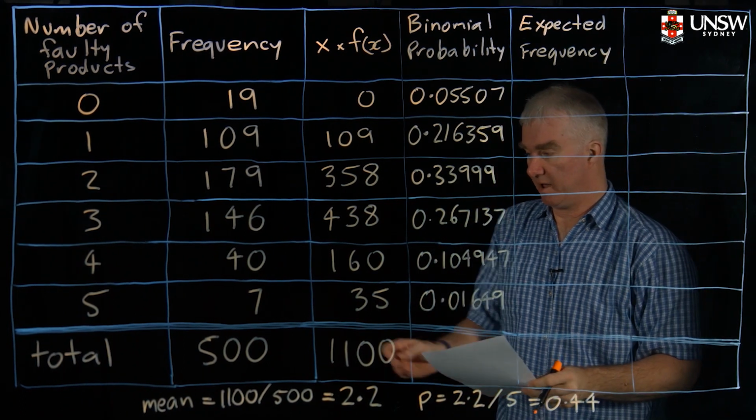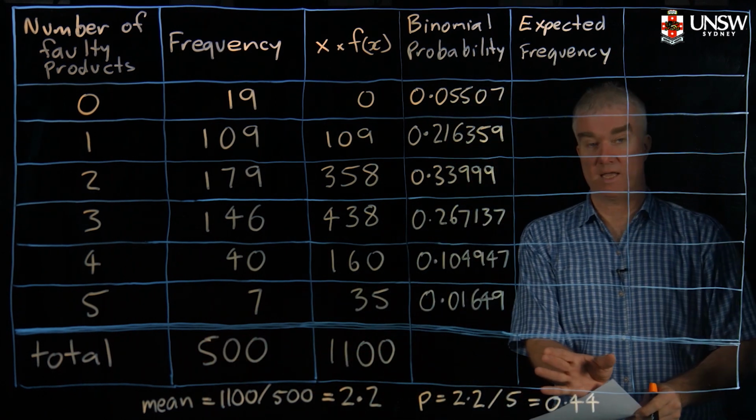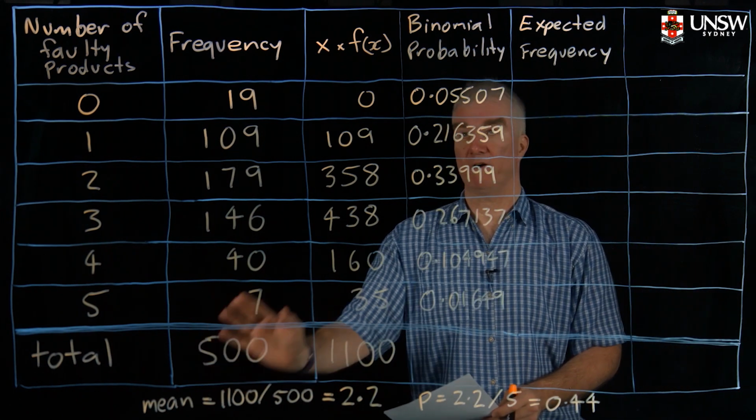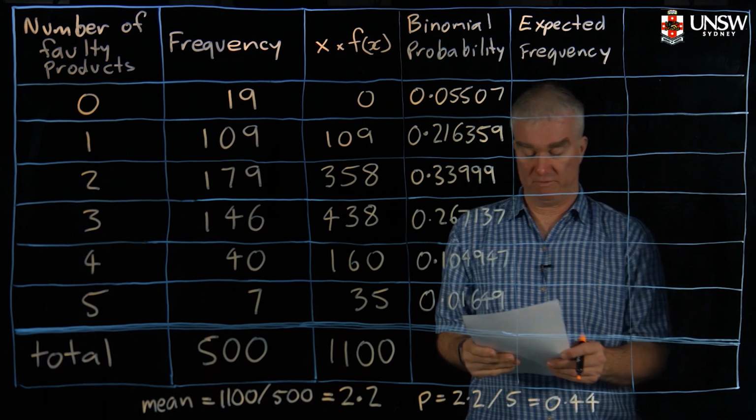Since there are a total of 500 items, we're expecting this to add up to 500 items as well. So we're going to multiply 500 by the individual probabilities to give us the expected frequency.